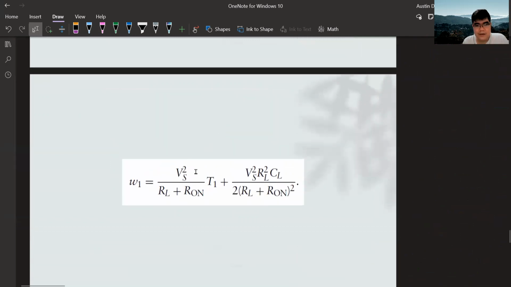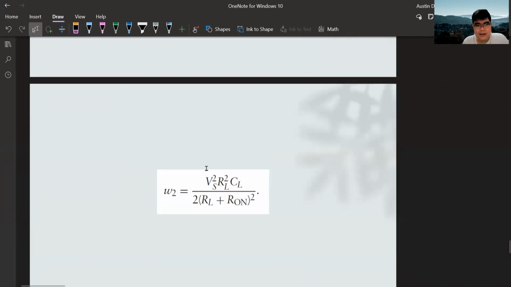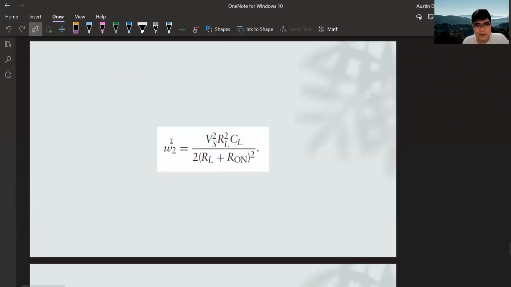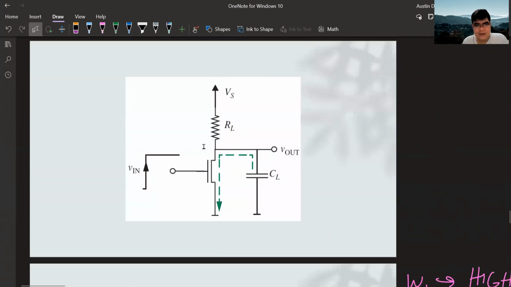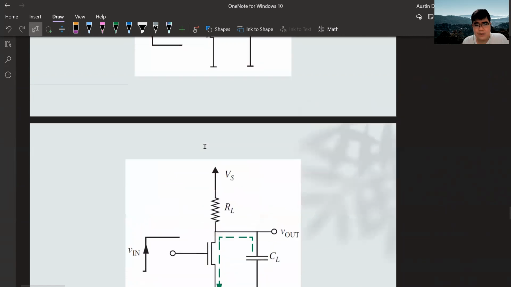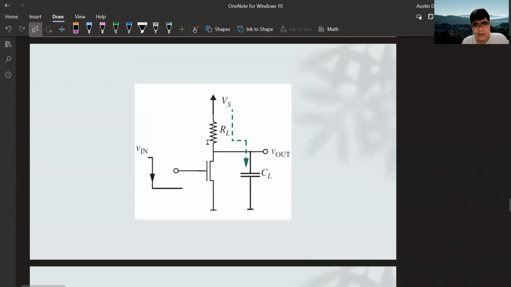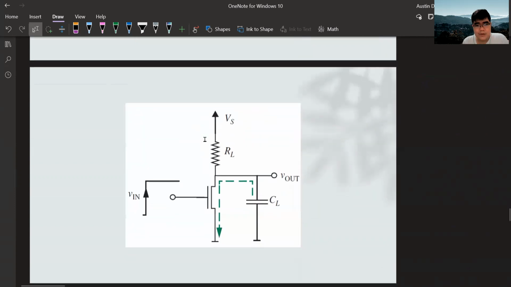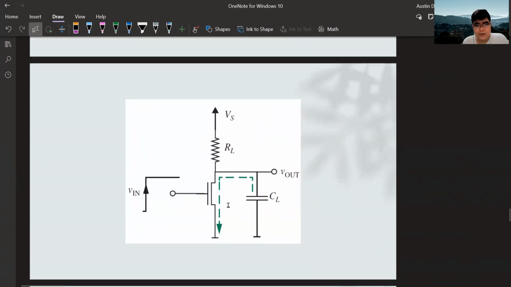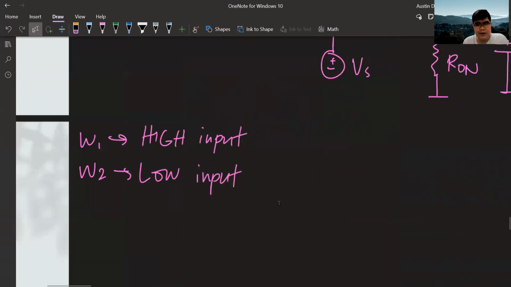Okay? And then, the next one would be W2. And this is not very simple, because what does the state look like when W2? This, right? It's charging. So the first one earlier, this. So we did this, this is your equivalent circuit.